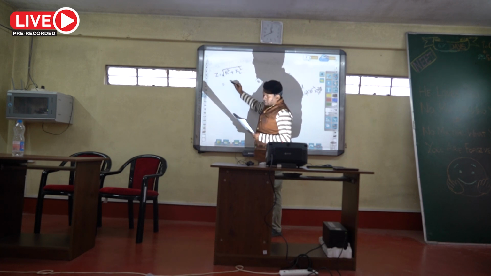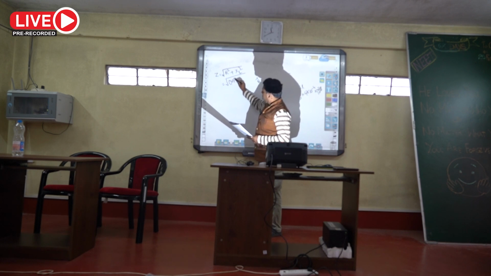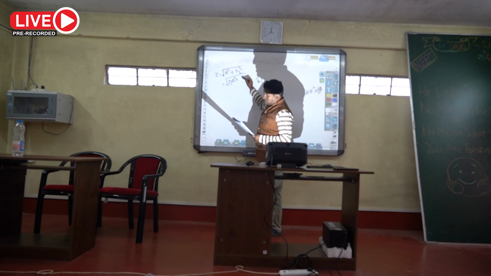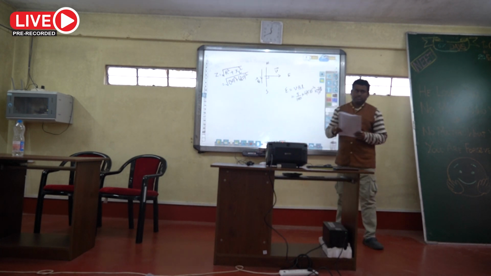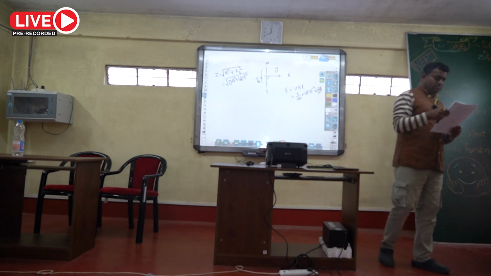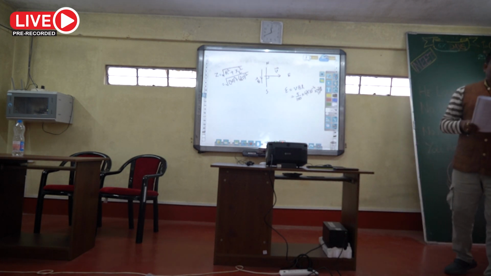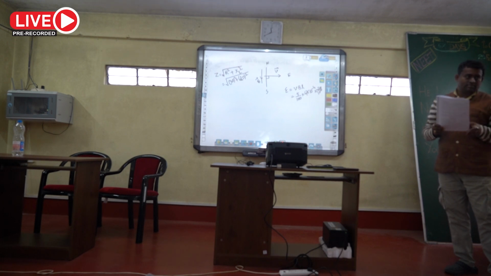So R is given 30, XL is given 20 ohm, inductive reactance 20. Inductive reactance is already given.